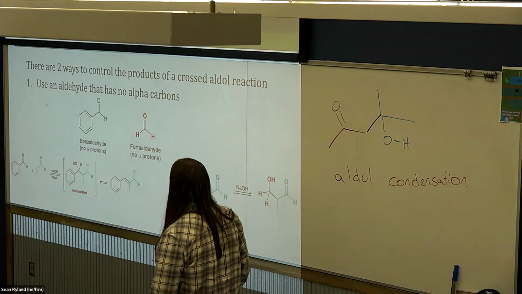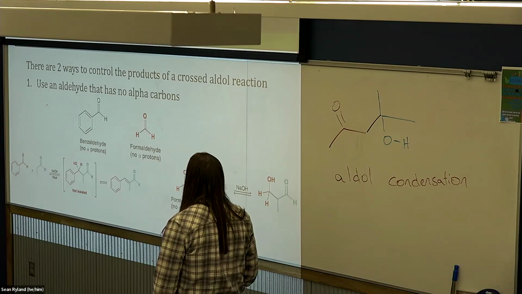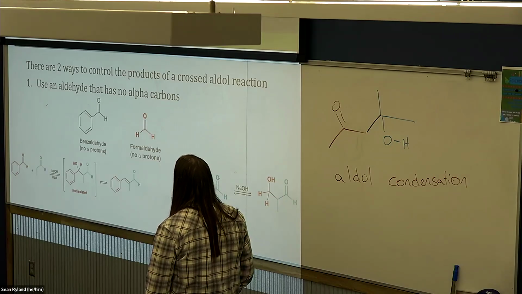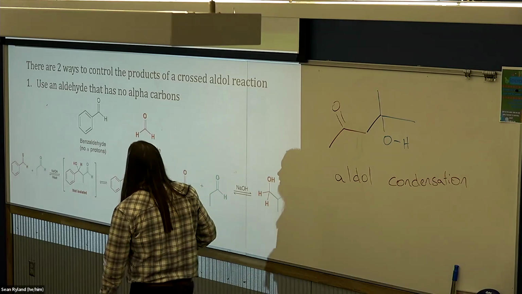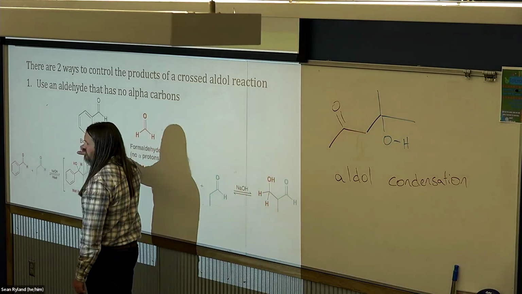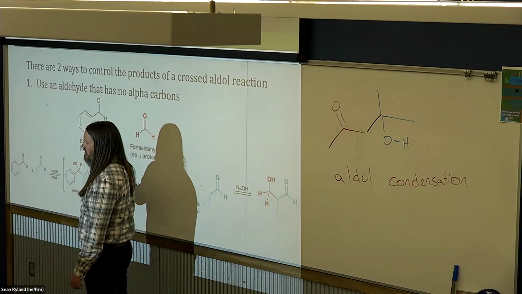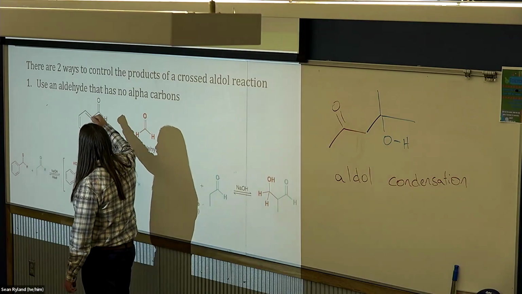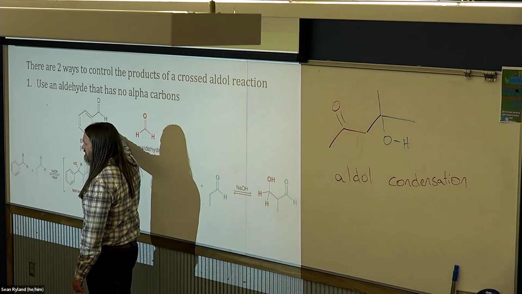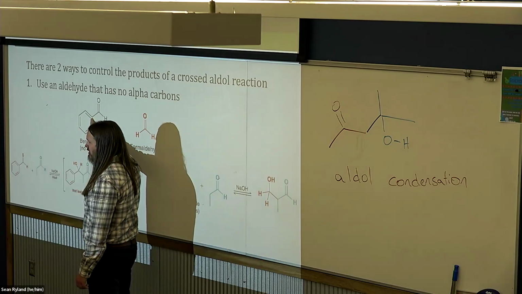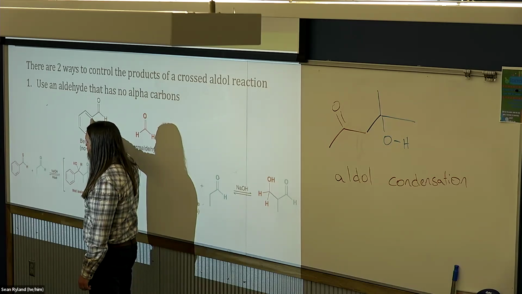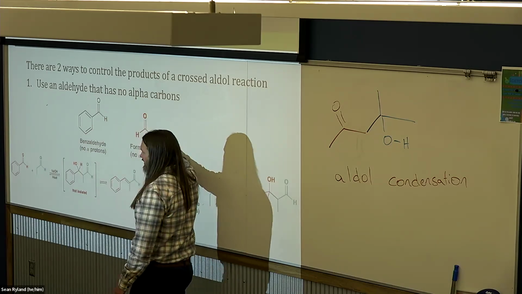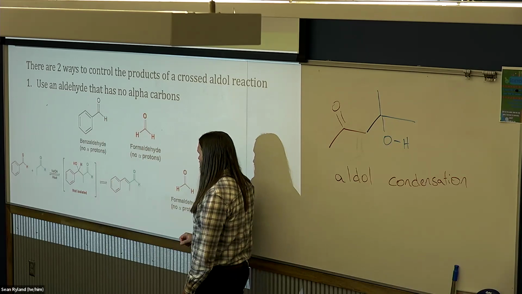So one way you can do it is to use the basically 2 aldehydes that don't have any alpha hydrogens, which are commonly used. Benzaldehyde has an alpha carbon, but there are no hydrogens on it, so it can't form an enolate. If we use formaldehyde, we can't form an enolate.